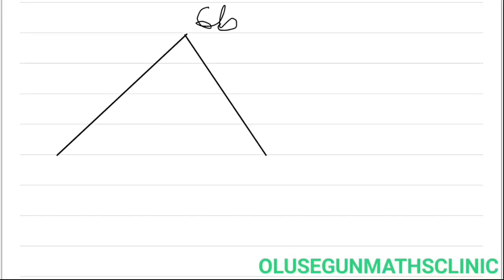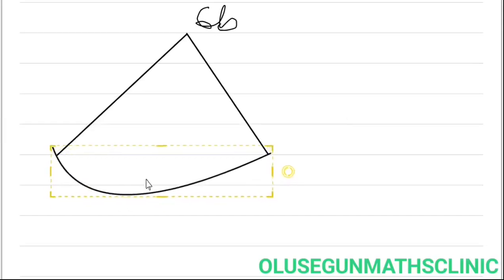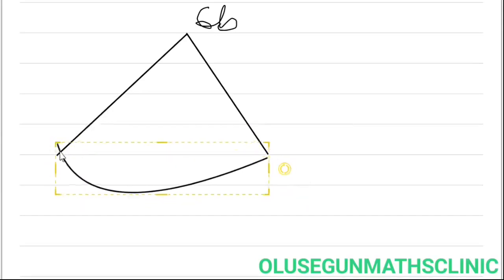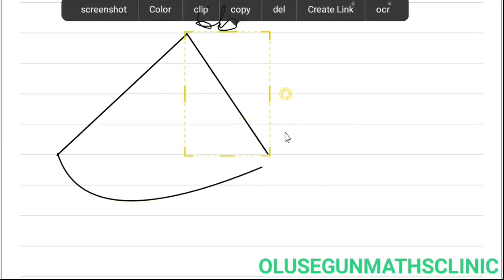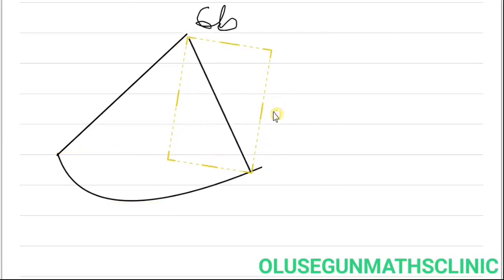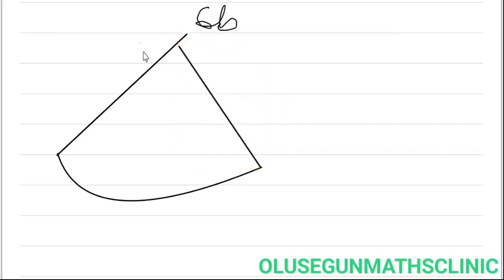So let's try to draw an arc of a circle, just to form an arc, I'm just trying to make it more meaningful.